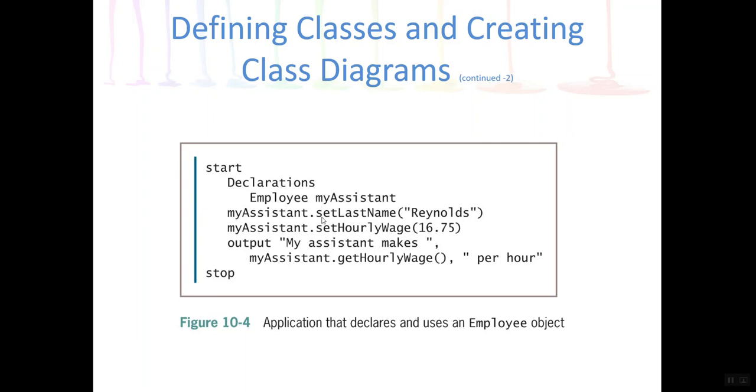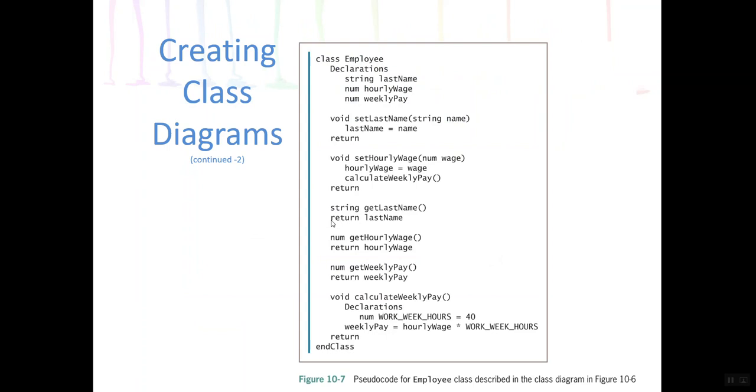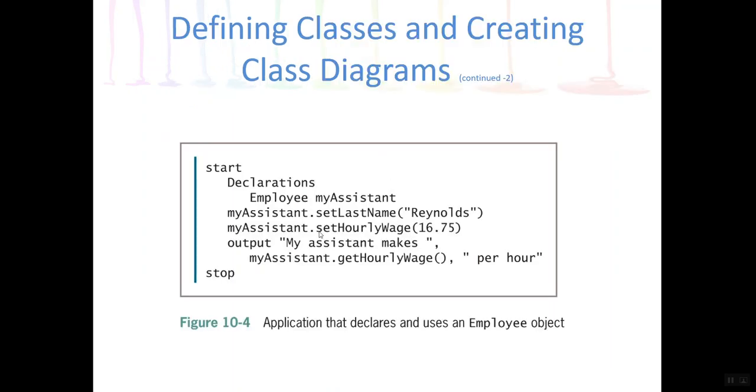So for example, I can set the last name of this object to Reynolds. I can set the hourly wage. Notice whenever I want to interact with, let me go back here for a second, set hourly wage, for example, whenever I want to interact with this block of code, I can call it in my program, but I have to first prefix it with the object dot.